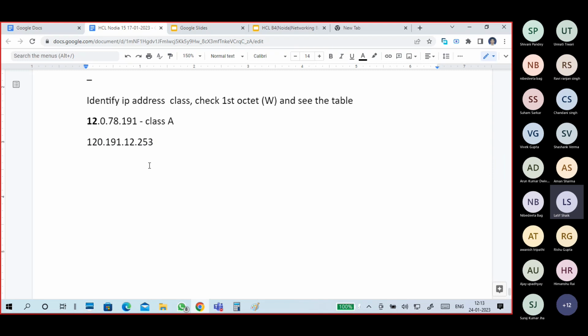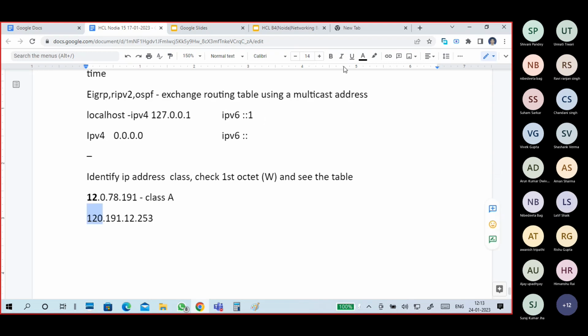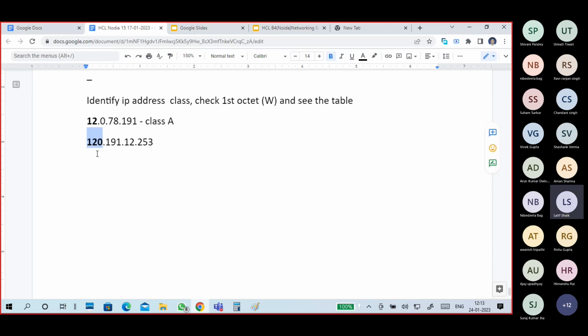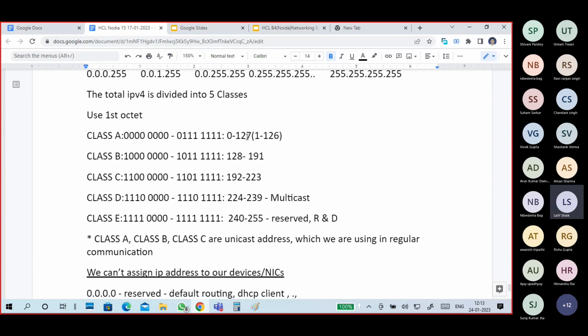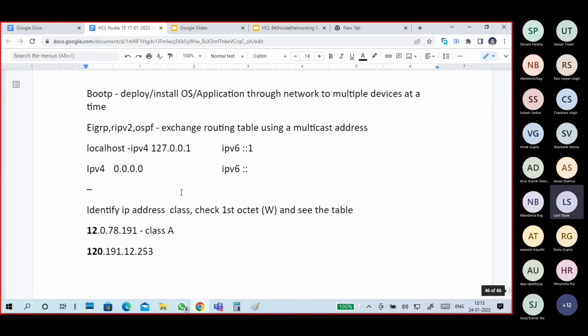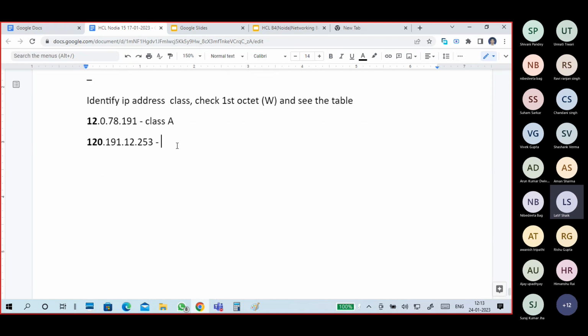It's not 256, 300, or 400, so the IP address is valid. To identify classes, you have to look at the first octet only. What is the first octet? 120. Where is 120 here? In the range of this one only. So it is class A.